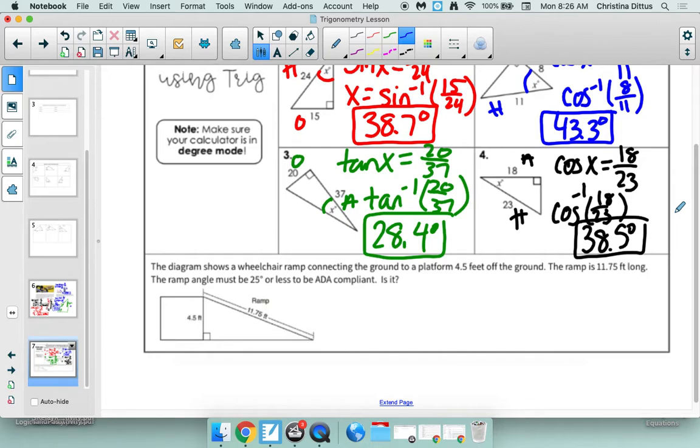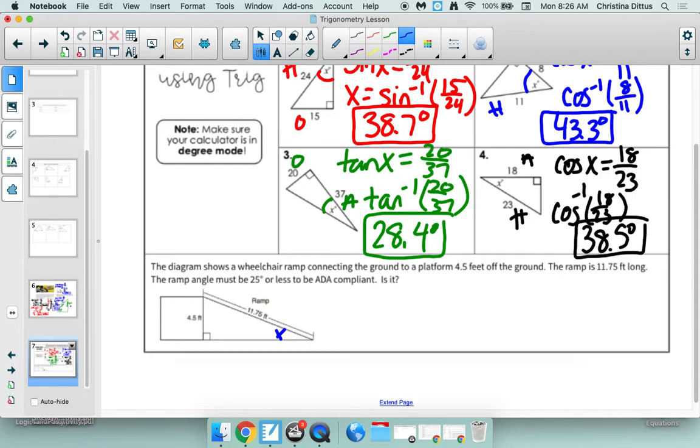So which angle am I looking at, the bottom one or the top one? I'd say 99% of the time, you're going to be on the ground level. That's probably the trickiest thing about word problems, figuring out where to label stuff. Once you have it labeled, it's not too bad.